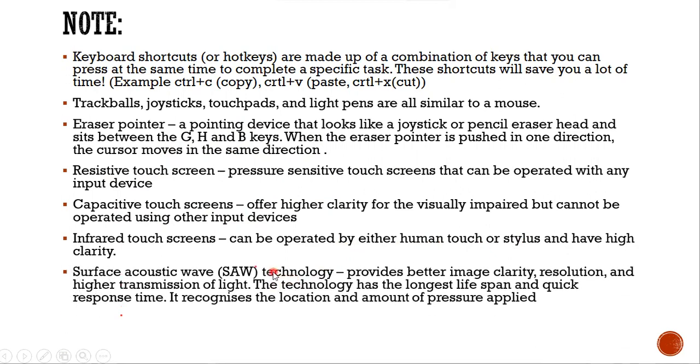And the one that works with waves, your surface acoustic wave technology, provides better image clarity, resolution, and higher transmission of light. This technology has the longest lifespan and a quick response time. It recognizes the location and amount of pressure that is applied.